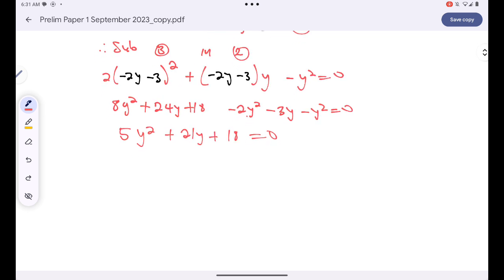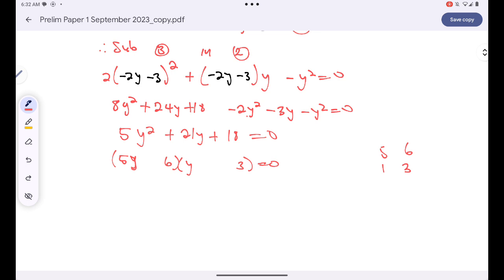I'm looking for the factors over here that will give me 21. I have 5 and 1. Let's try. Yeah, so these are my brackets. I'll have 5y and y over here, 6 and 3. The sign over there is plus, so it's easy, guys.